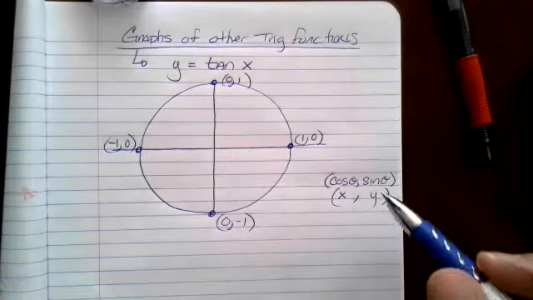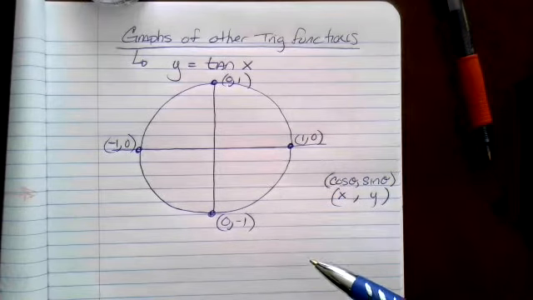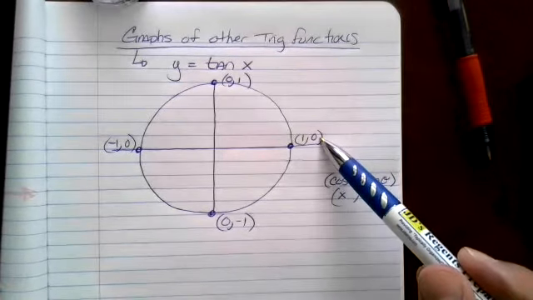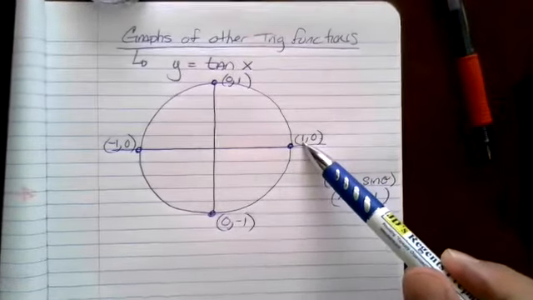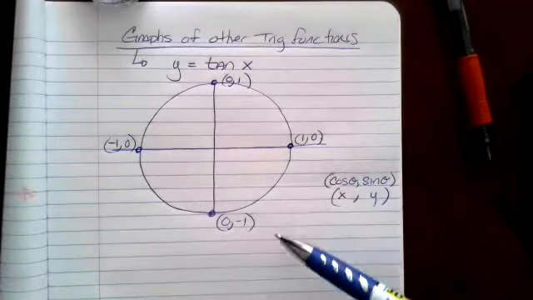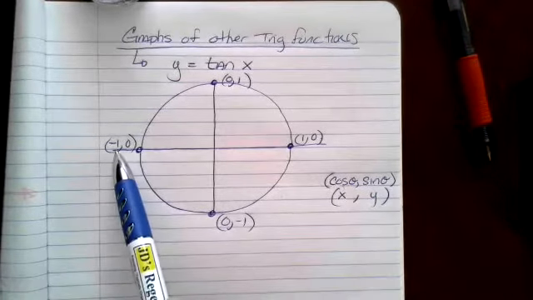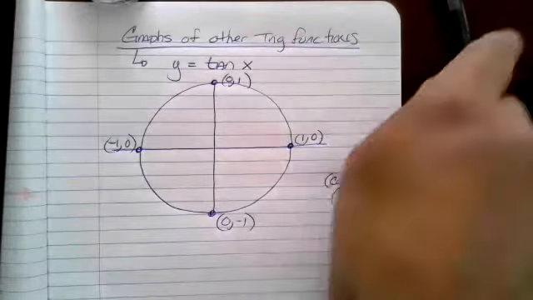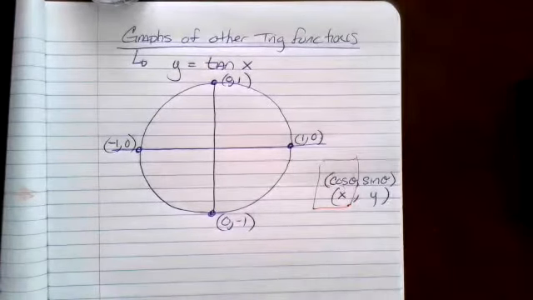So in that case, just to review this, sine of 0 degrees is 0. Cosine of 0 degrees is 1. Cosine of 180 degrees is negative 1. My x value is my cosine, and my y value is sine.